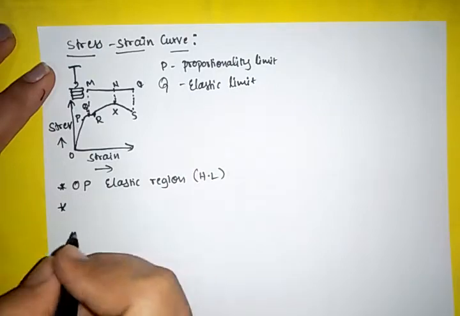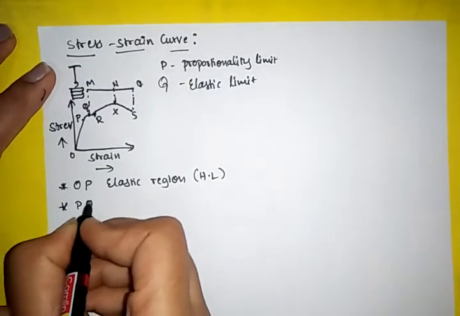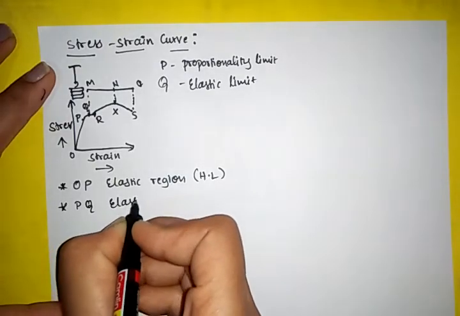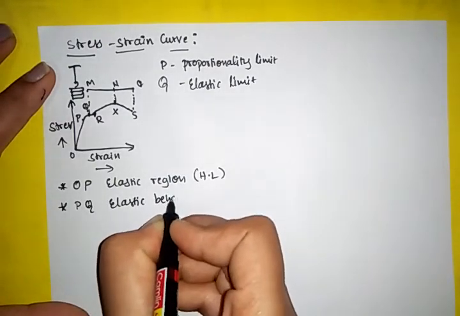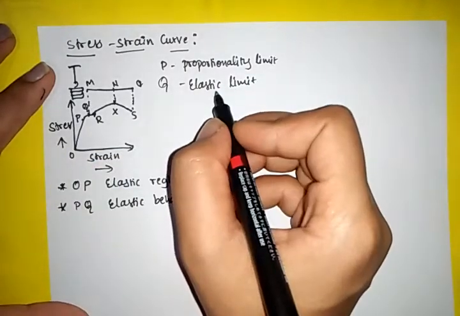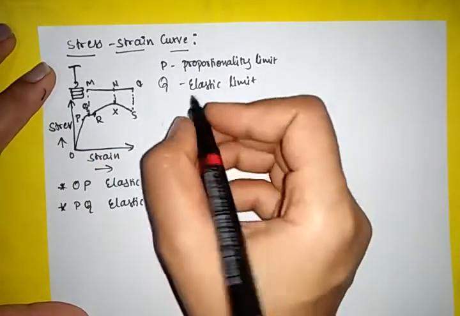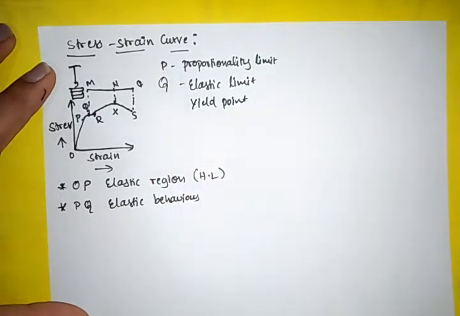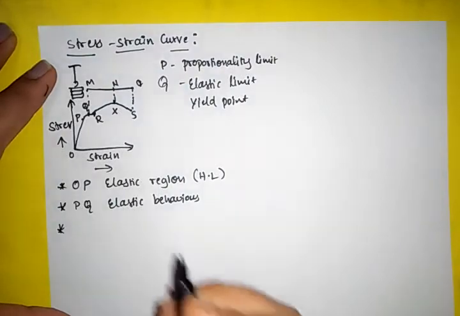The region between P and Q represents the elastic behavior, and Q, the elastic limit, is also called the yield point.